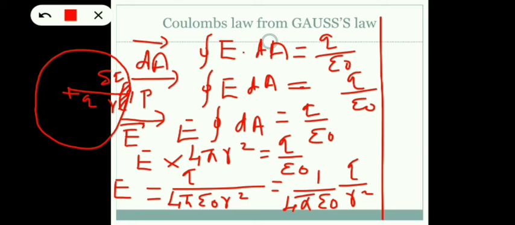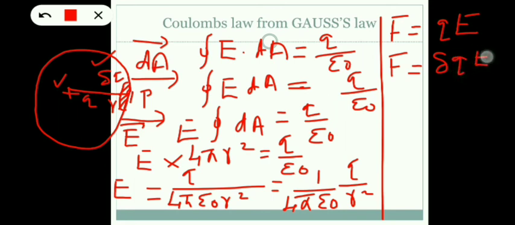Here we have two charges, one is plus Q, another is delta Q. So obviously there will be a force of interaction between the charges. And how will you find out that force? What is the expression to find out the force acting on any charge? That is Q into E. You have already studied it. So here we need to find out the force acting on the delta Q charge. So our expression for force will become delta Q into E, right?